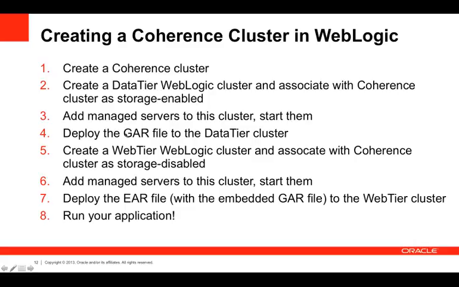And you deploy the GAR file with appropriate cache configurations for your application. For the second WebLogic cluster, you set storage disabled, and you deploy the EAR file. And obviously, you need to associate both WebLogic clusters with the coherence cluster you created in step number 1. And after that, you are done.